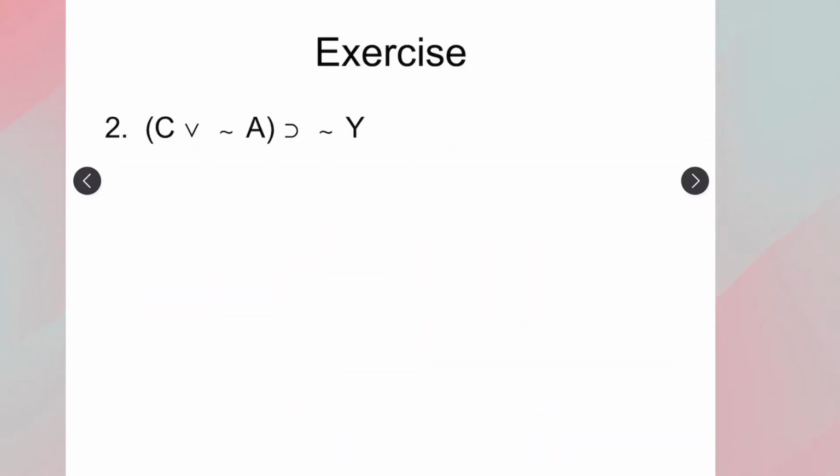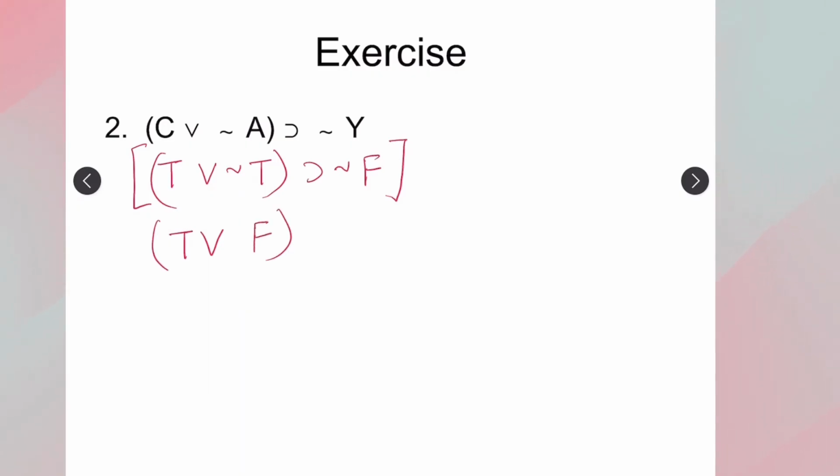If P is true, negation of P will be false. Now moving to the next case, so again you will simply assign the values. C's value is true, wedge negation of T, horseshoe negation of Y, that is false, and then again next T wedge negation of T will be again false, bracket horseshoe negation of F is T. So again T F. So again you have to remember P wedge Q: when both the disjuncts are false it will be false, and in the rest of the cases it will be true.